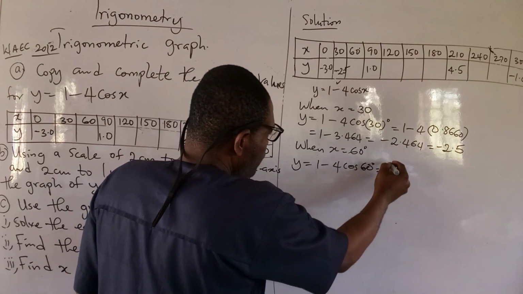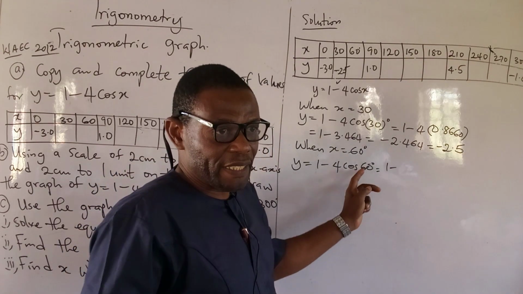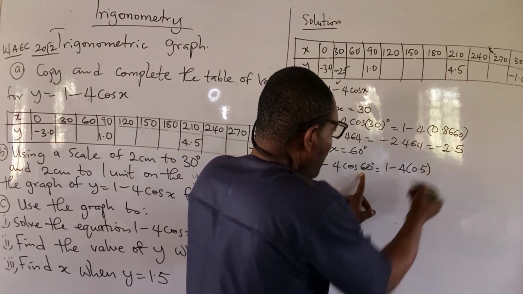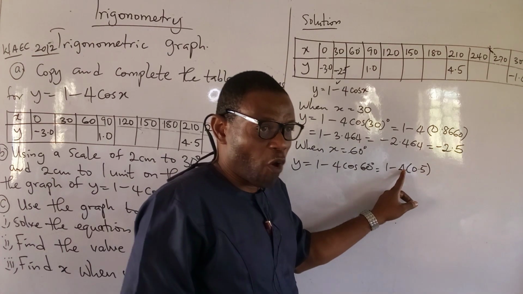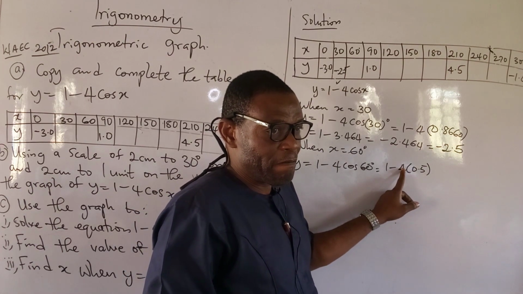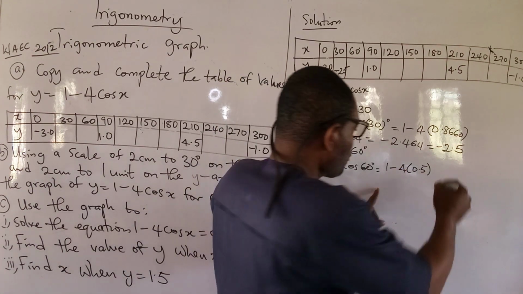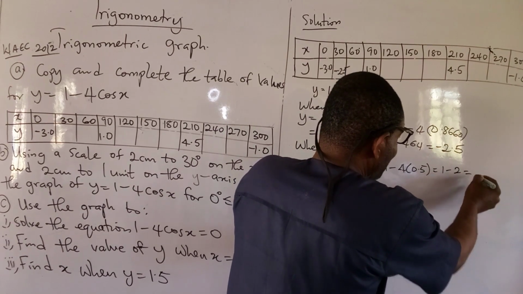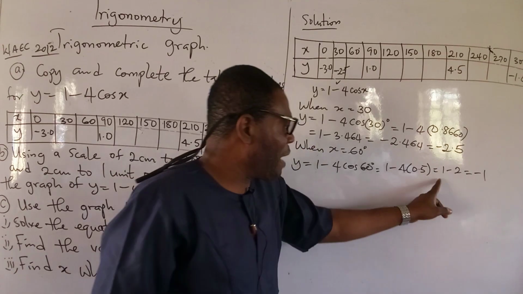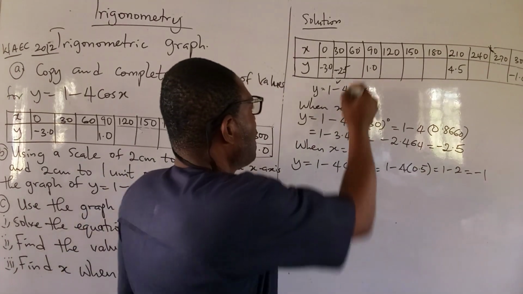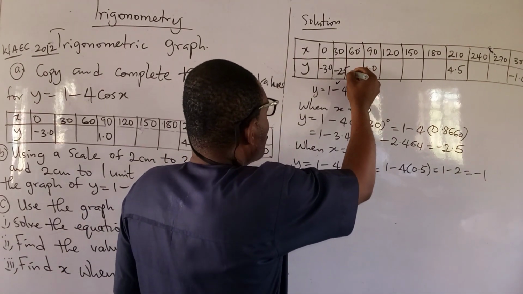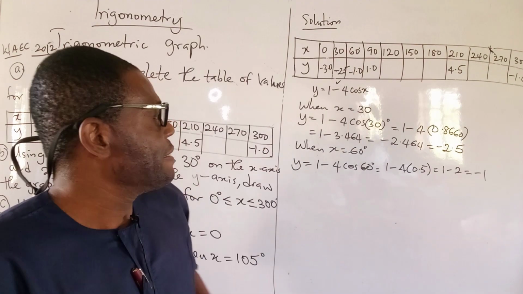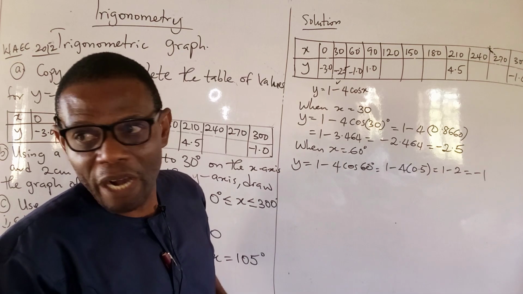What is cos 60? It is 0.5. Multiply 4 times 0.5, that is 2. So we have 1 minus 2, and that gives us minus 1. So here we're going to have minus 1.0 because it is in one decimal place.